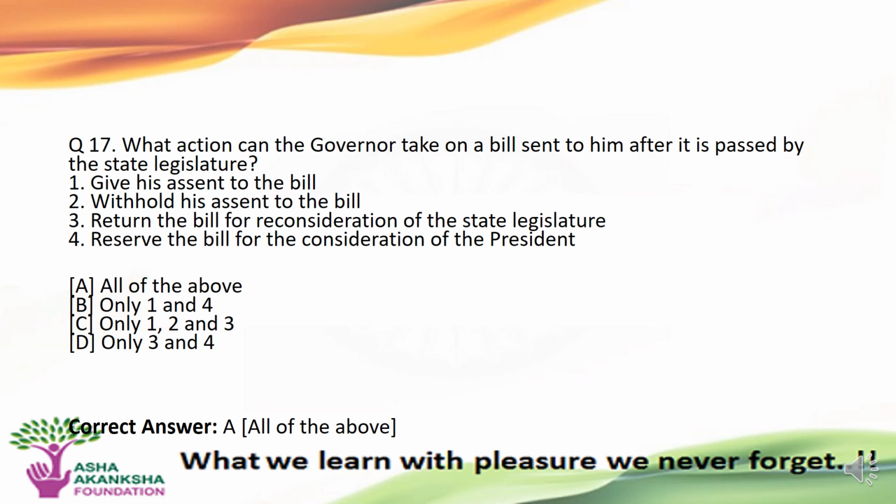Or D. The governor can take actions enumerated in statements 3 and 4 only. The correct answer to this question is A, all of the above. That means the governor can take all the above actions in respect of a bill that is sent to him after it is passed by the state legislature.